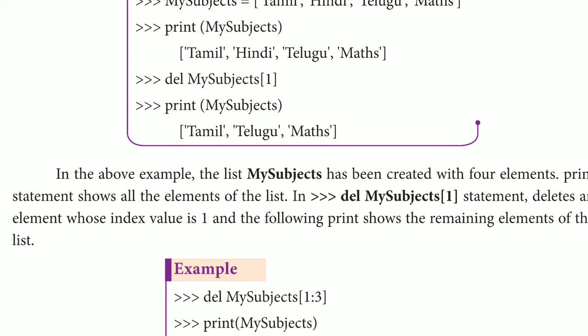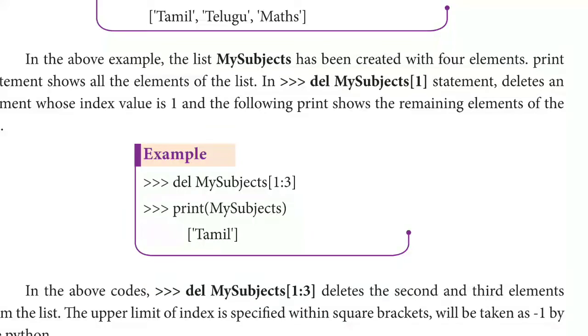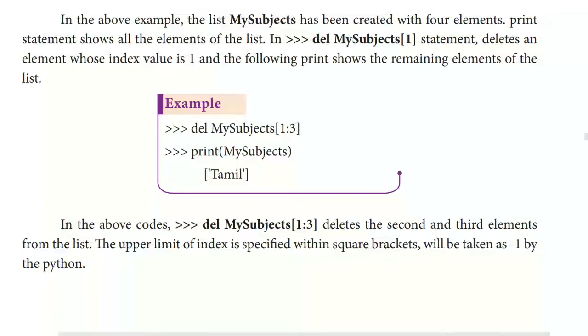In the next example, they are using a range, from the first element to the third element. The statement del my subject 1 to 3 deletes the second and third elements from the list.